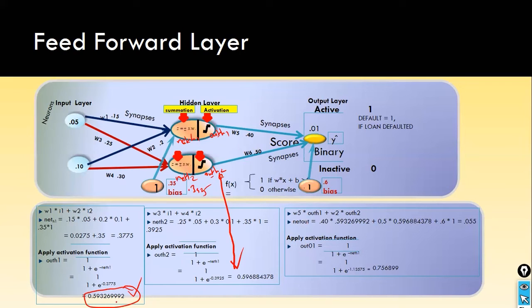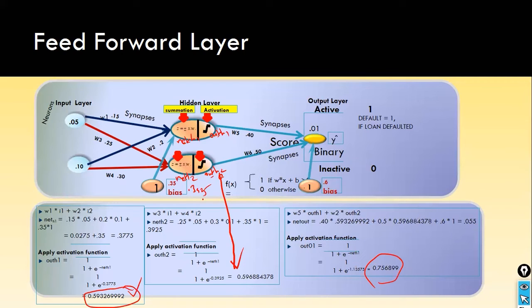The out H1 we already computed, into 0.40, plus this 0.50 into this 0.596, plus the bias in this layer. Even in the output layer, there is a bias. In this case, the bias weight is 0.6 into 1. This value is, let's assume, 1.055. And if you apply the activation function, you get this one.